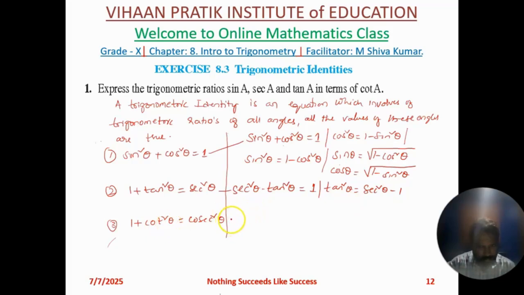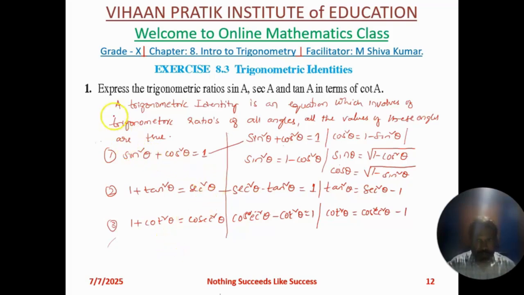In the same way for cot square also, cosecant square theta minus cot square theta equals 1, and cot square theta equals cosecant square theta minus 1. So these are the identities a student must memorize, and by memorizing these identities, a student can use them in different ways to achieve the results.